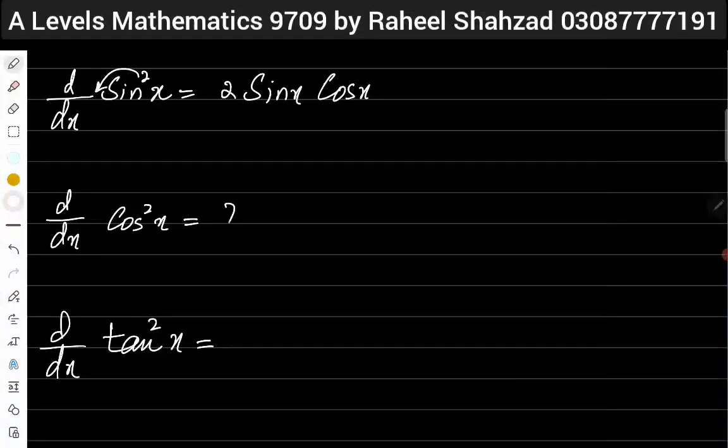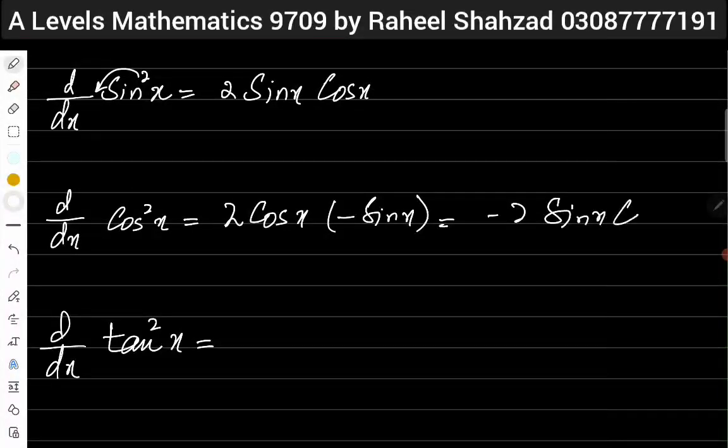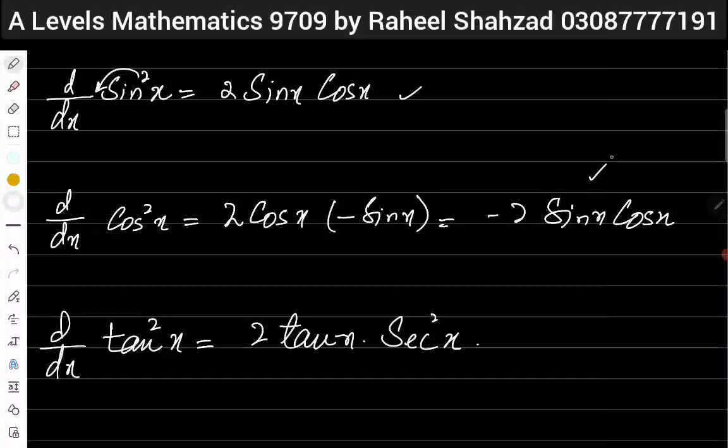Similarly, cos square x will become 2 cos x into minus sine x, derivative of basically cos, that makes it minus 2 sine x cos x, right? And similarly, tan is like 2 tan x into secant square x. So this is derivative of sine square x, cos square x, and tan square x.